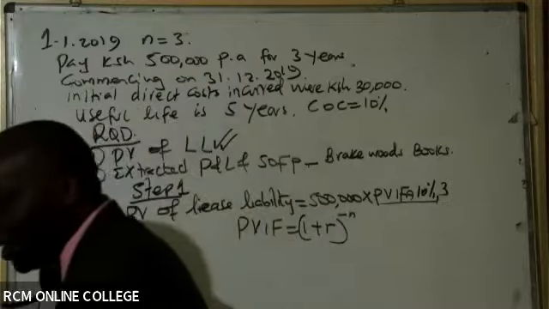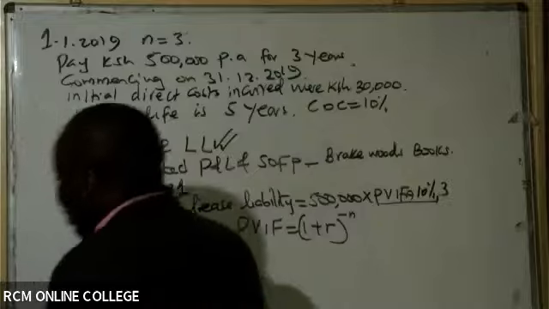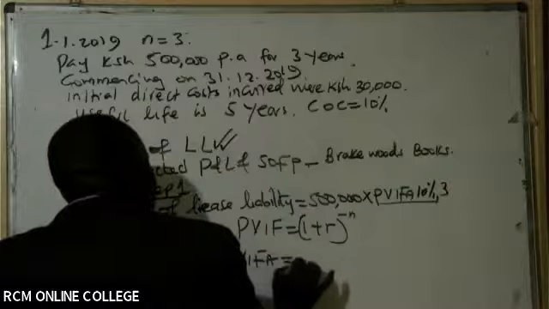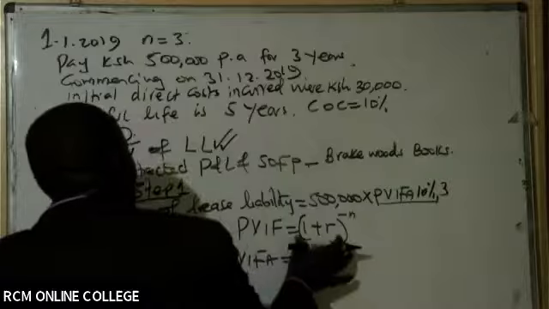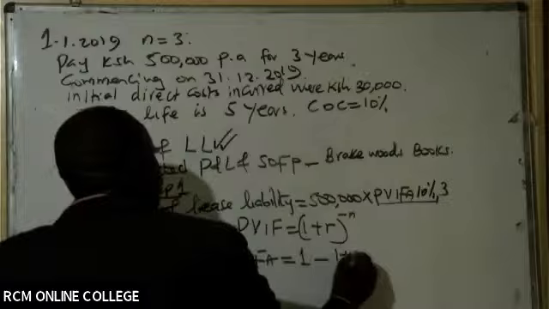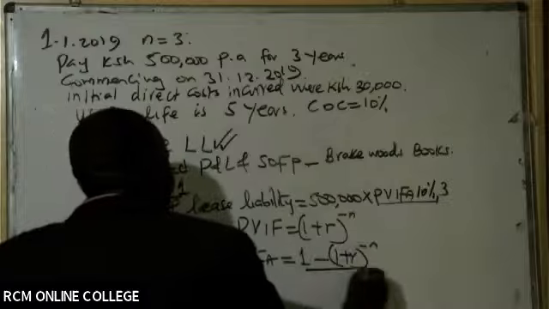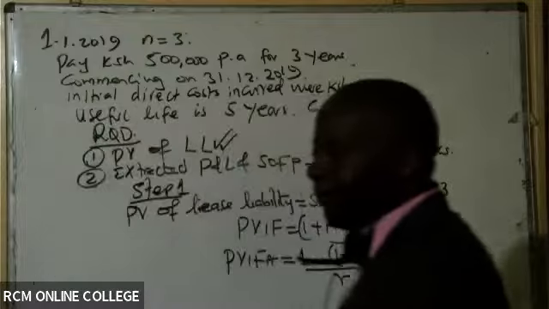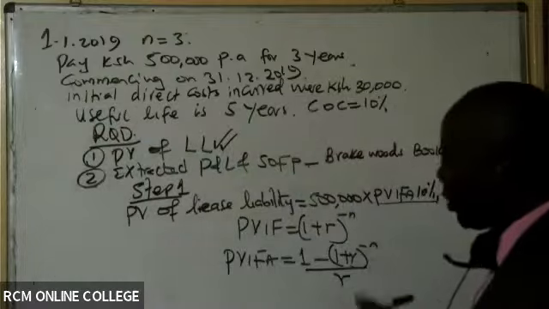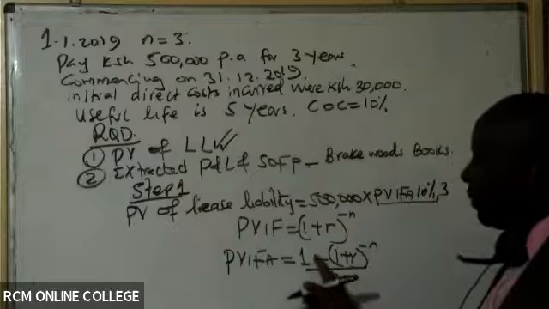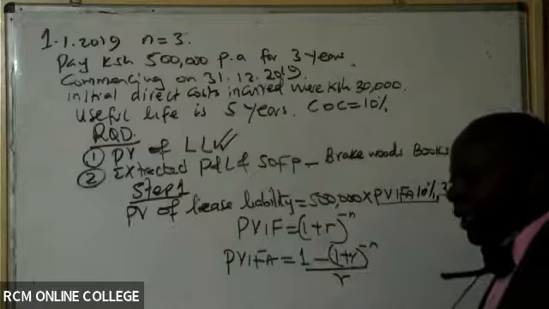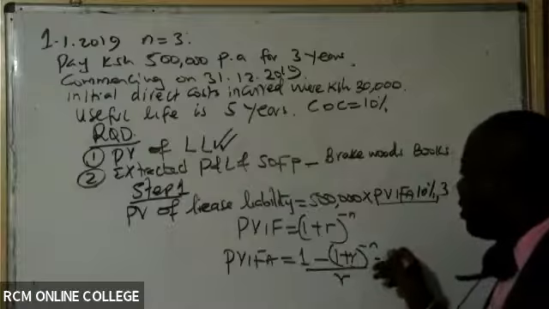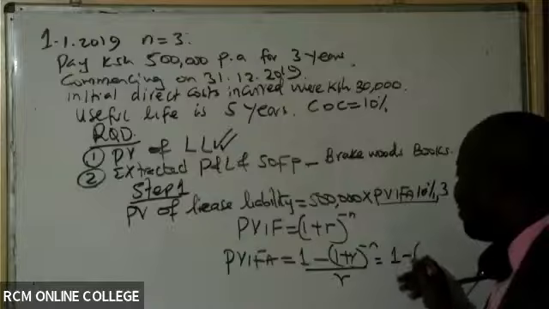To get PV for an annuity, we take 1 minus this simple formula, and then divide everything by R. So this will be 1 minus (1 plus R) raised to negative n, all divided by R.